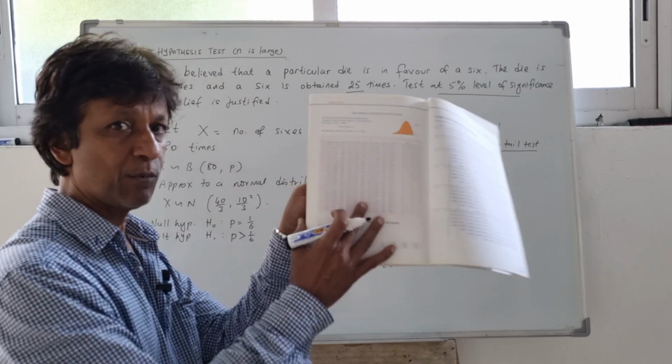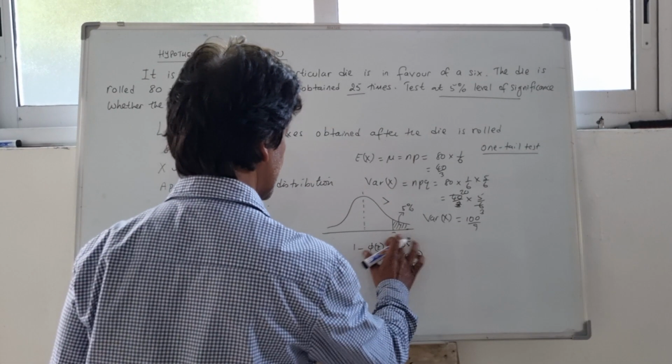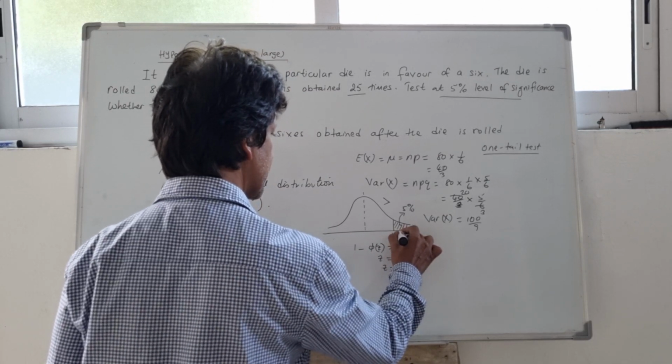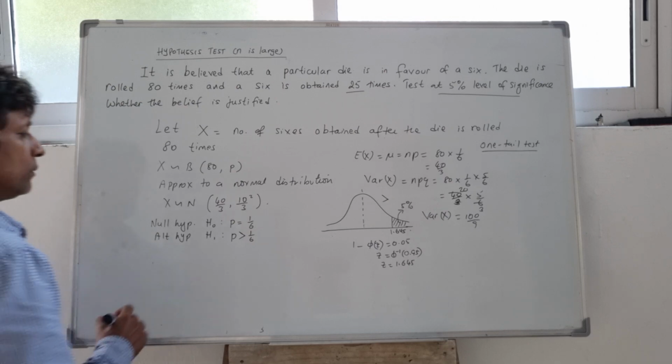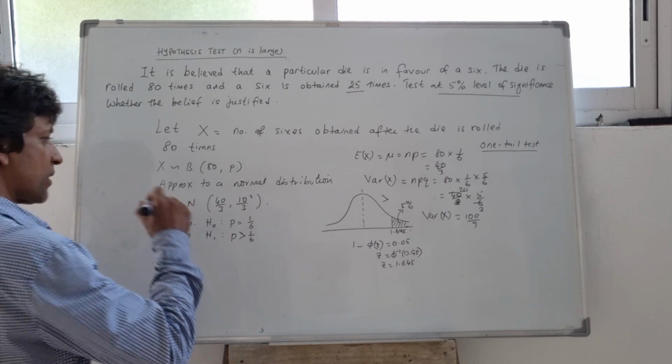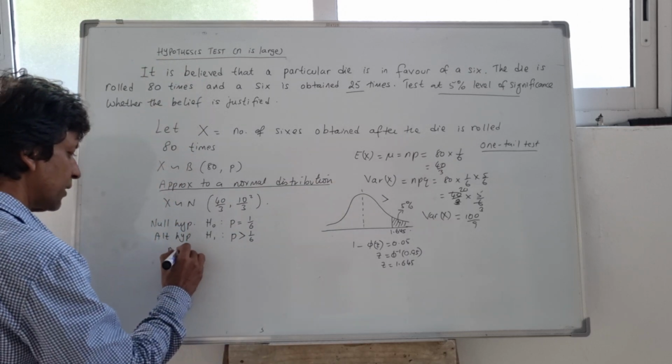So we're getting this from the table here. So now we know that this critical value is 1.645. And now, because we've approximated to a normal distribution, we need to apply the continuity correction.